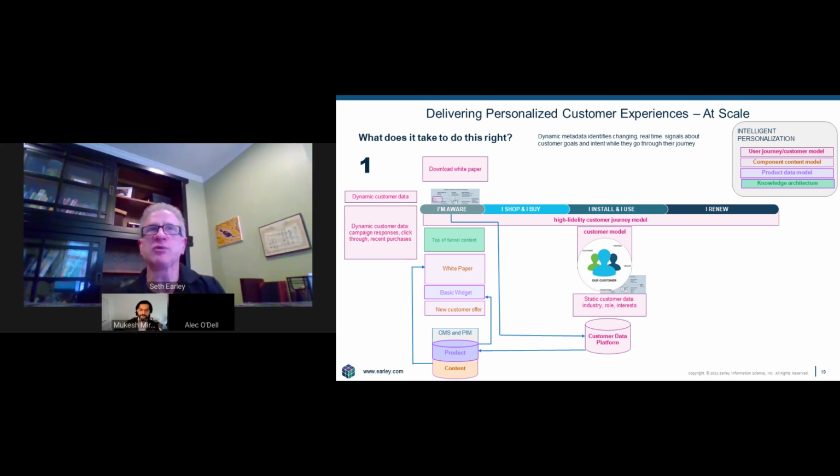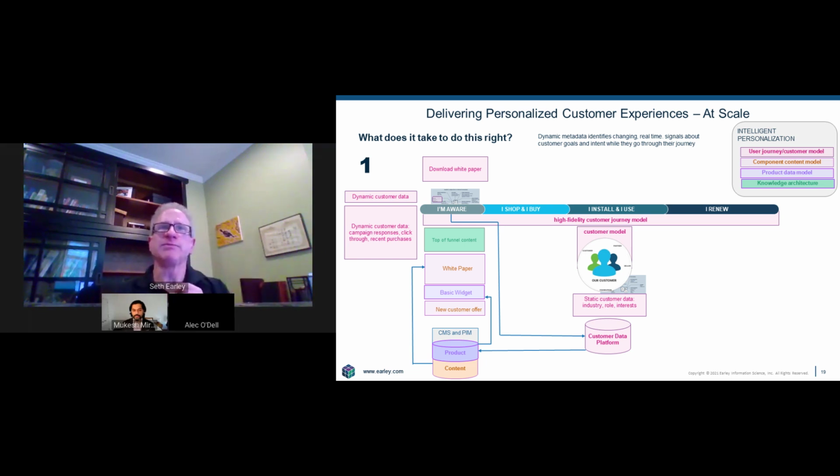Now, here's how it would work. I download a white paper. That indicates that I have top of the funnel content, right? And that's from our product specialists. The CDP is going to take that and inform the product information management system and the content management system to make a recommendation. It's just taking that signal, understanding between the dynamic and static, or fast-moving and slow-moving metadata.